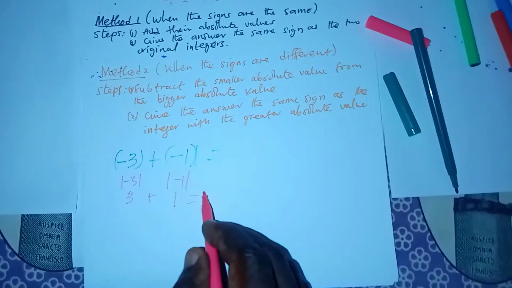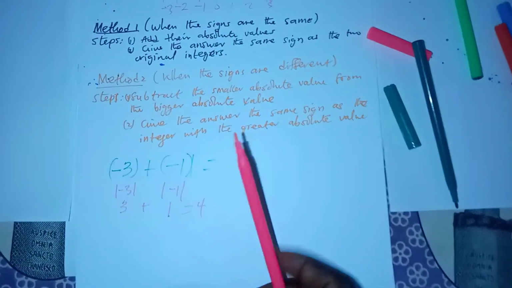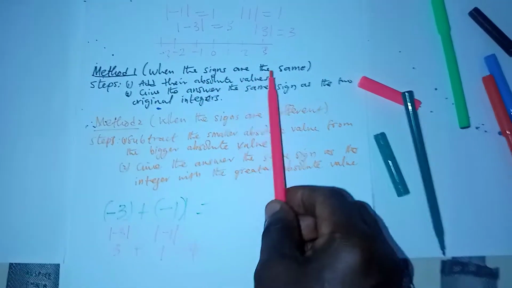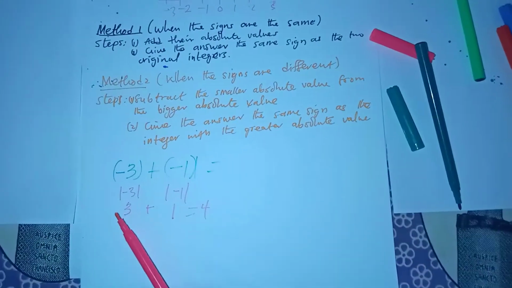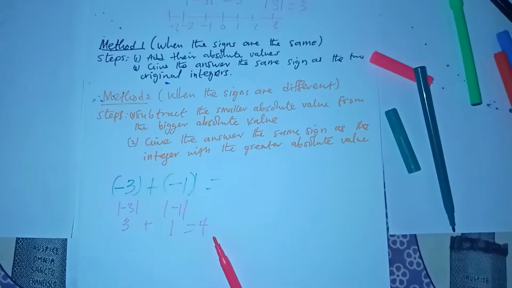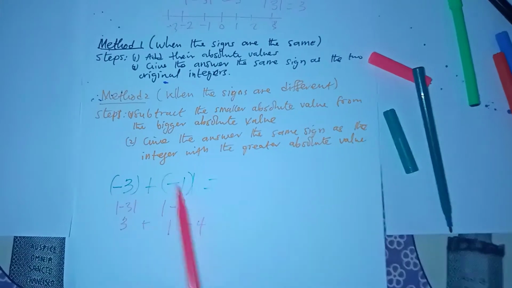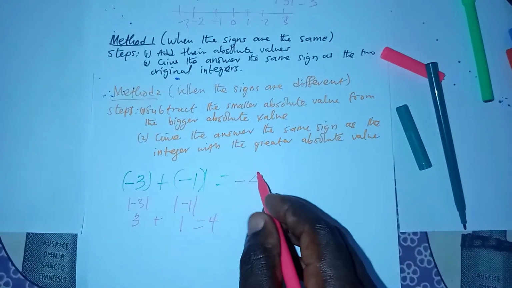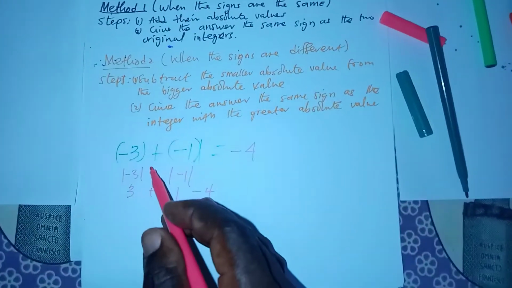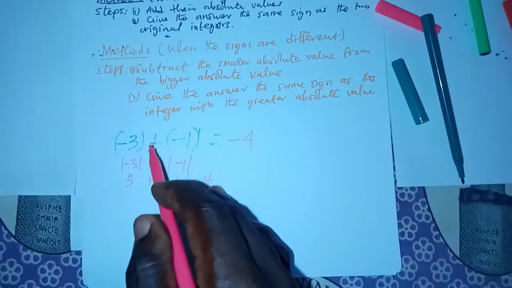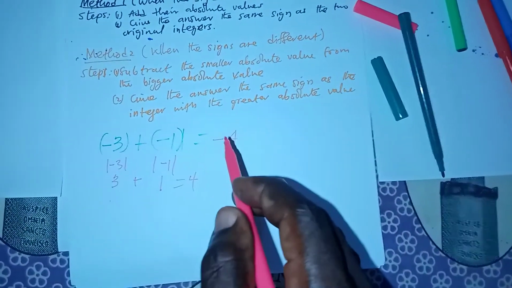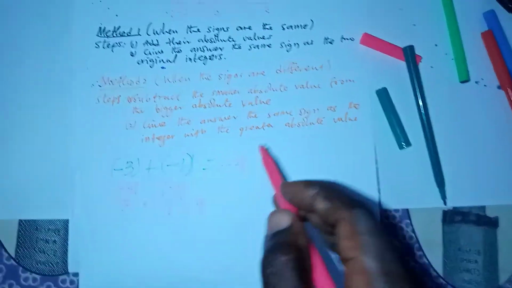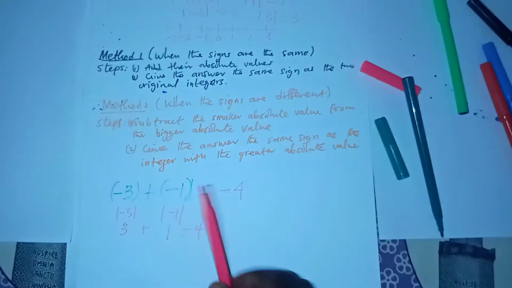We are asked to add the absolute values. Step 1, add the absolute values. So we are adding 3 plus 1, which is 4. Then since they have the same sign, the sign will be added to the answer. The sign is negative. So -3 plus -1 will give us -4, because the two signs are negative.